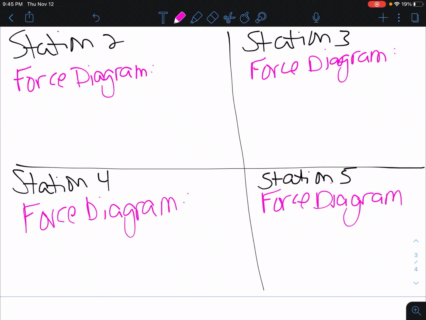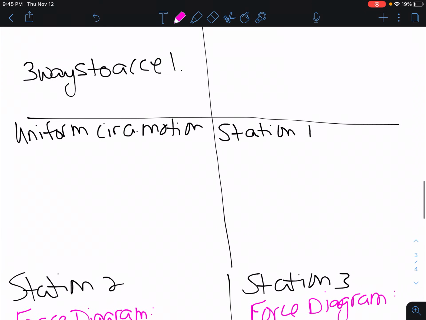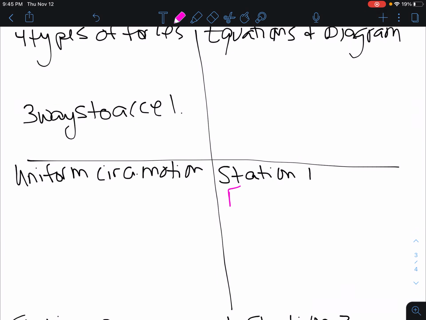And then at the bottom, the force keeping the object moving in circular motion. You will have more space on your paper, but you're going to squeeze that in there, okay? So move that one up a little bit higher. I'm going to show you the example with station 1. So let me go ahead and put the force diagram there, and then the force down here, keeping it moving in a circle.